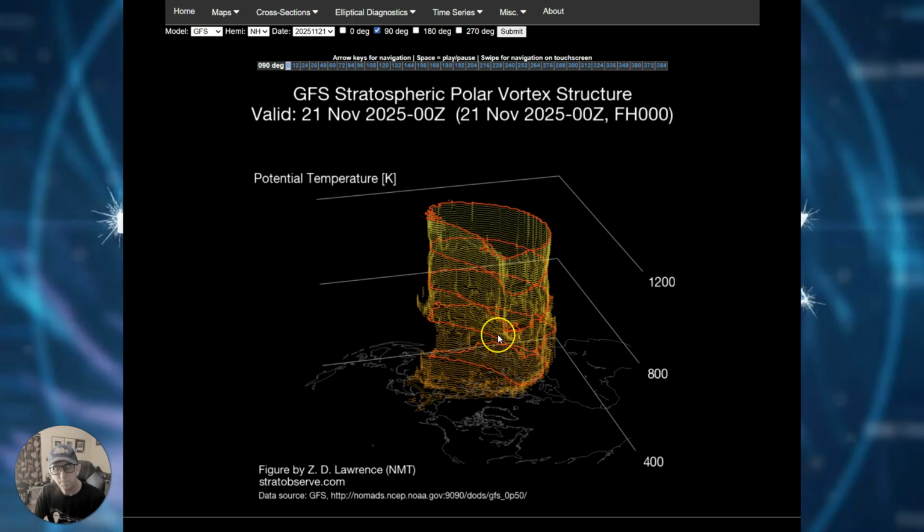So that's what happens. It gets disrupted, cold air is dislodged, and can be shunted down. This is the continental U.S. down here, or to other continents, depending on how the polar vortex is distorted, right?